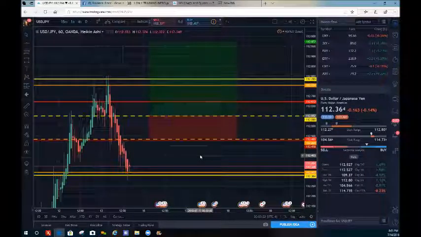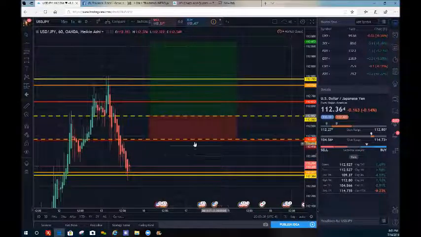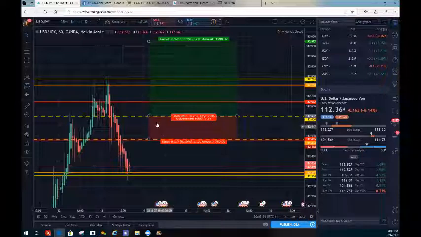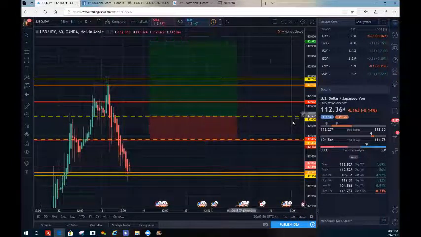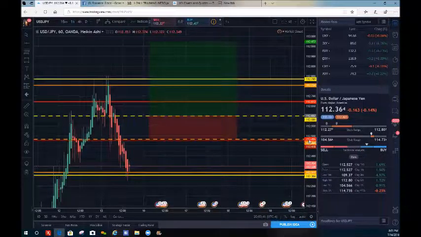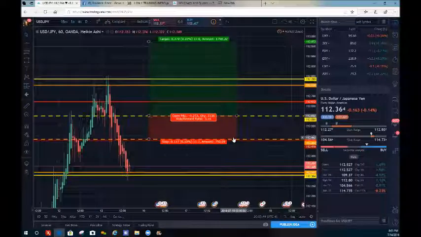So what we're looking at right now is your basic trade setup. Like I said, you want to have your 3 to 1 risk to reward ratio. This is your entry point, at 112,600, and then your stop loss is down here at 112,485.